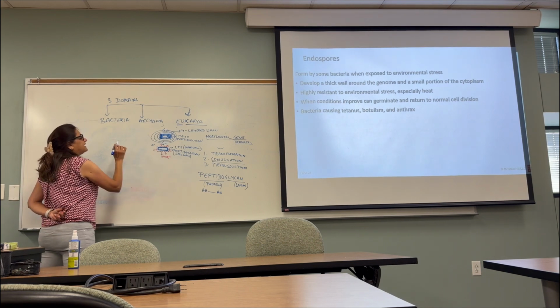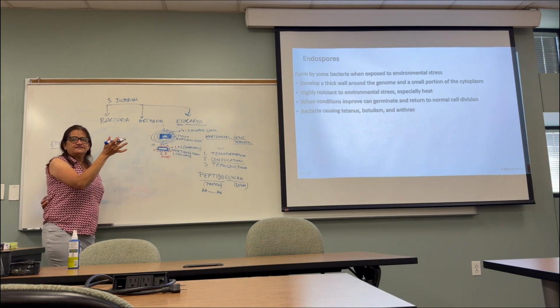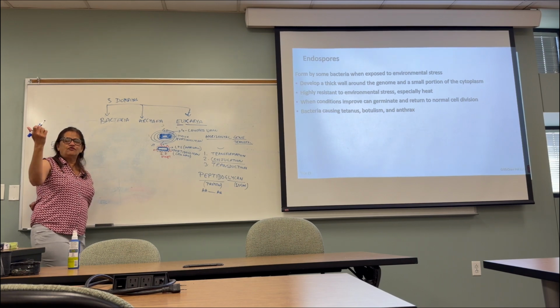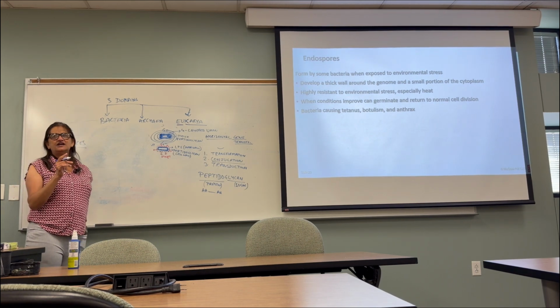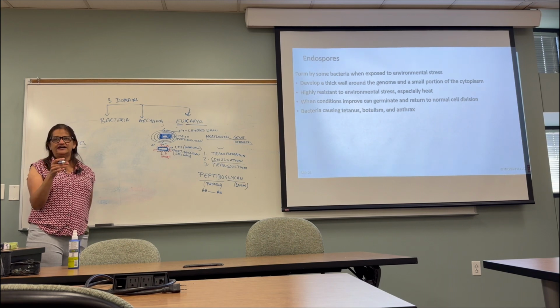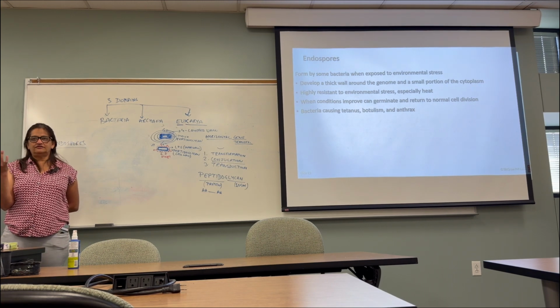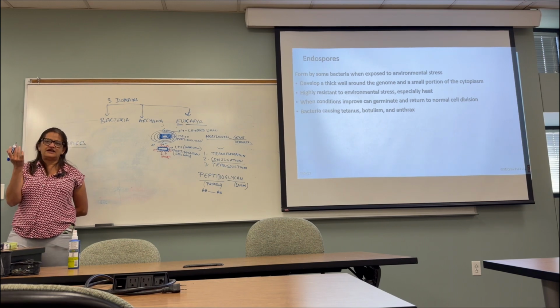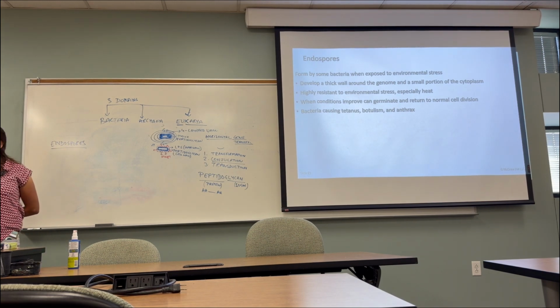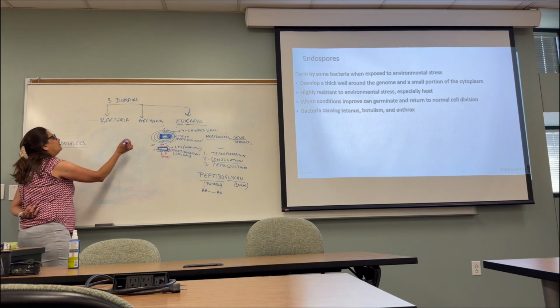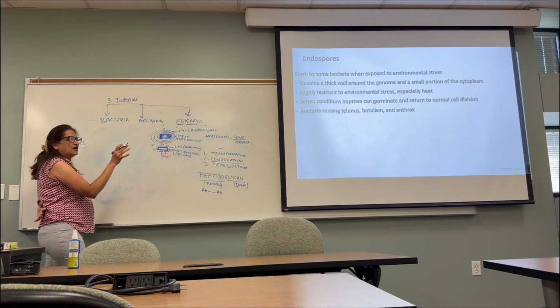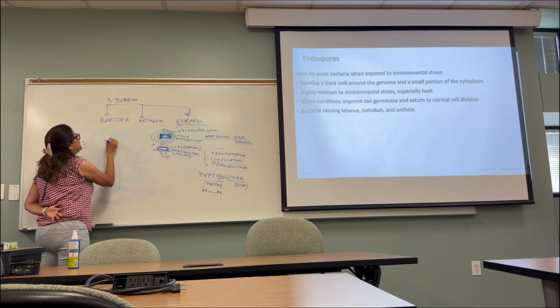Radiation cannot easily pass through it, right? When you have four layers around it, it's not easy to get to the actual bacterial cell, even in a severe place with so much radiation exposure. So they help the bacteria survive stressed out conditions, extreme heat, and desiccation. Another ability of endospores is that the bacteria is laying dormant inside.